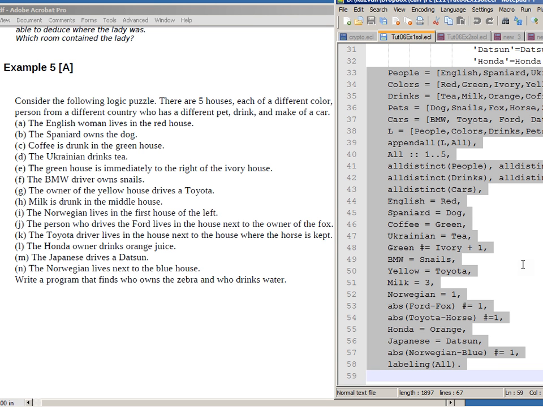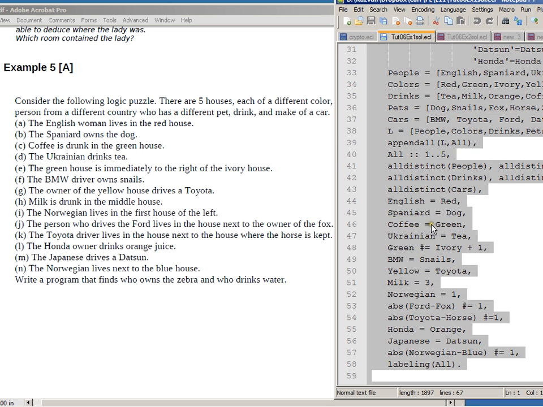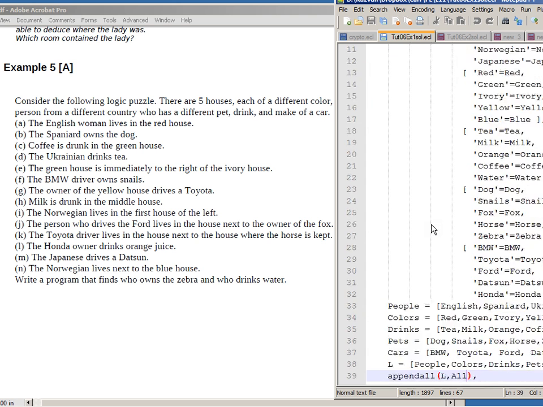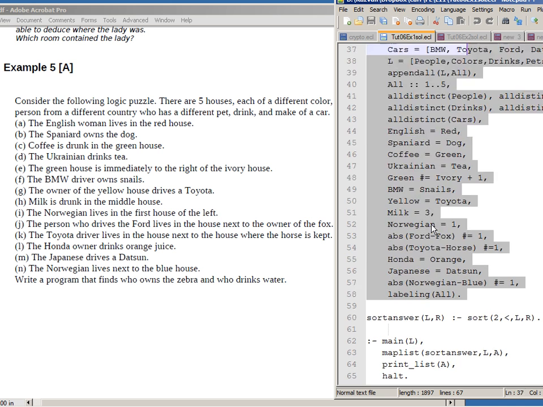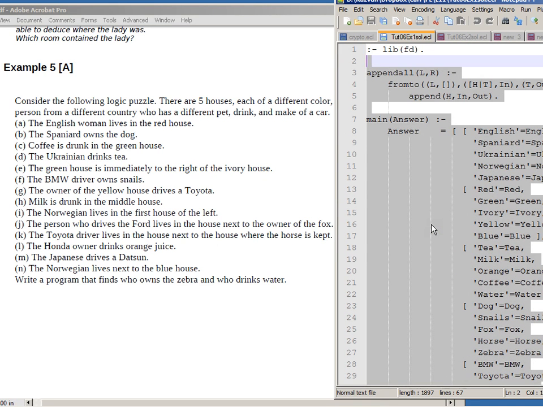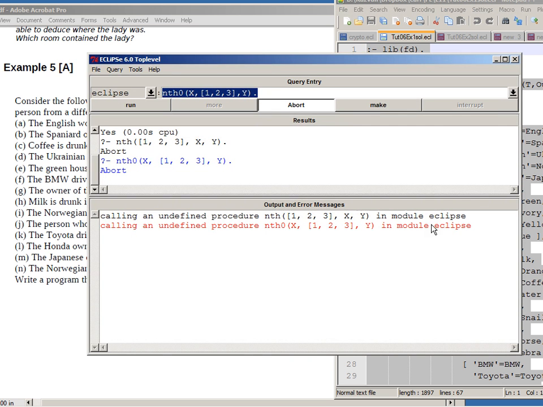All right, are we clear with the encoding of this problem? Is it clear? Let's run the code. I don't want to run the last part. Actually, I'm going to start from here. So Eclipse Prolog is a bit weird.